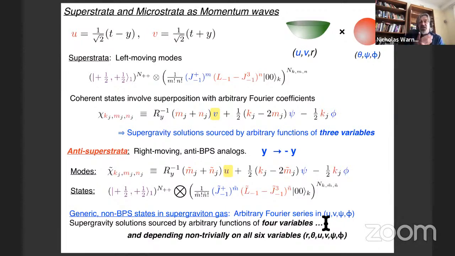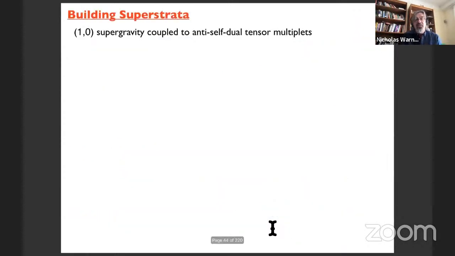But the other thing to bear in mind is, just like when you make a mode on a drum, there's the radial dependence, and here the radial dependence is the radius here and the theta on the sphere. Once you've specified these mode sources, everything then spreads out as a function of theta and phi. So it really is genuinely, the most general thing is a function of 6 variables sourced by arbitrary functions and arbitrary Fourier series in 4 variables.